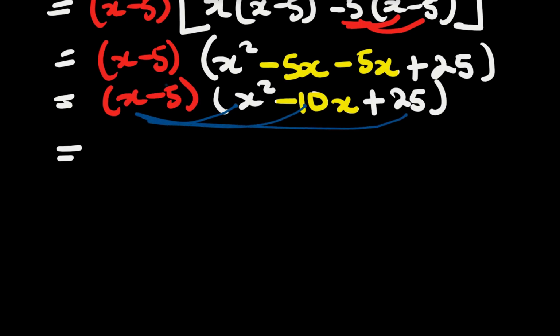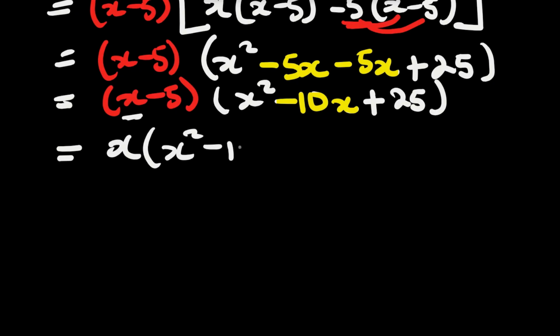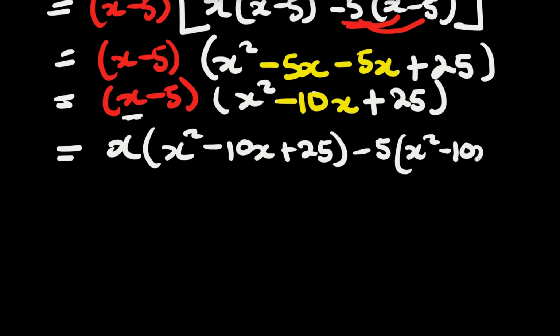Same applies to the negative 5, it will multiply x squared, negative 10x, and 25. So you can best write it this way: this x here multiplies x squared minus 10x plus 25, the whole bracket. And negative 5 will also multiply x squared minus 10x plus 25.